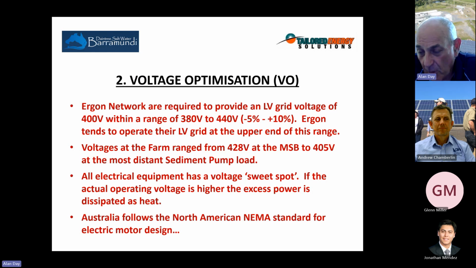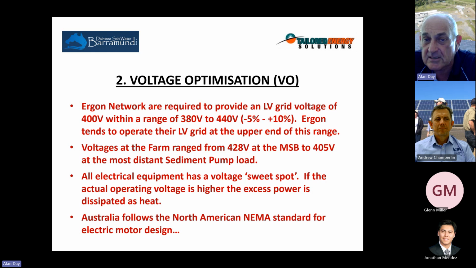But the bottom line is that electrical equipment has what we call a voltage sweet spot. If you're operating it at a higher level, that excess power is generally just dissipated as heat. It's wasted. And more than that, Australia follows the National Electrical Manufacturers Association standard for motor design, and has done since 2002.